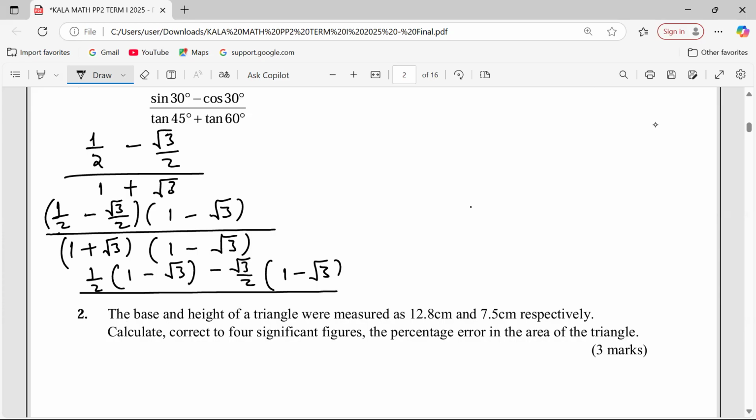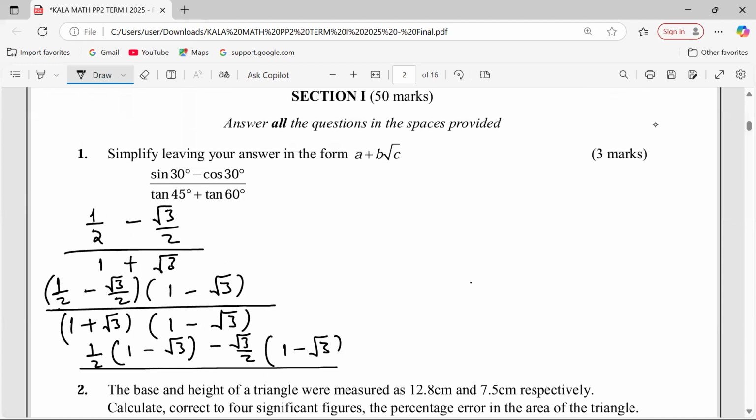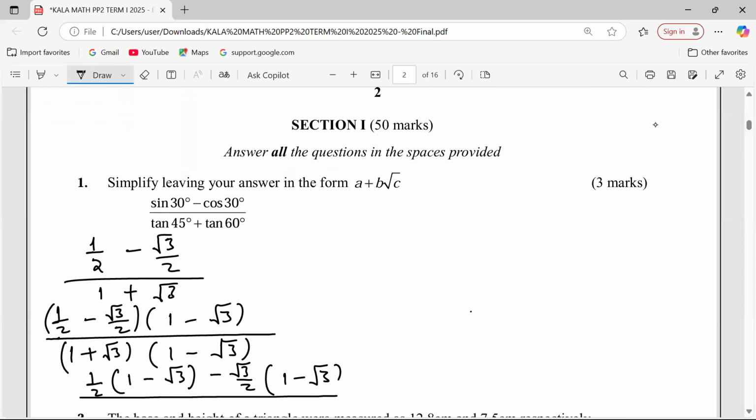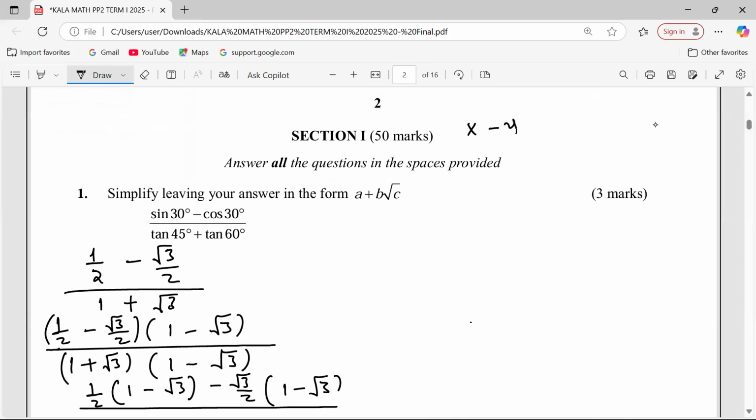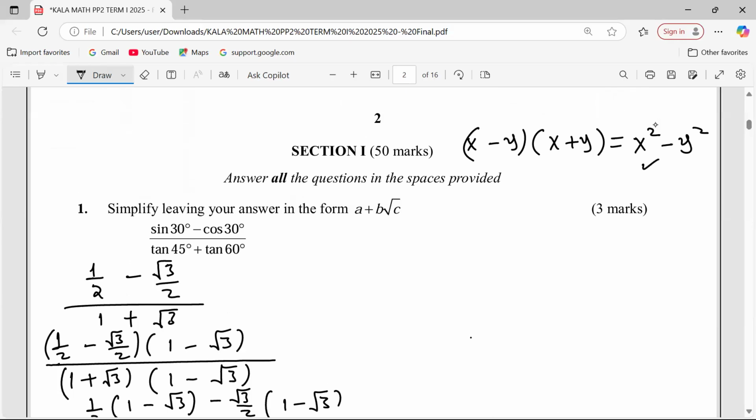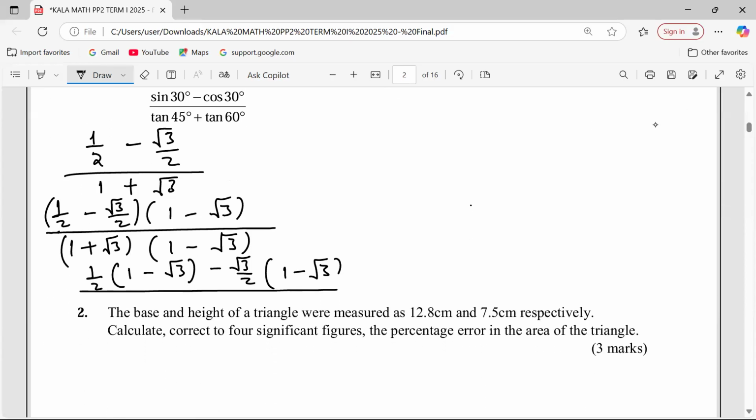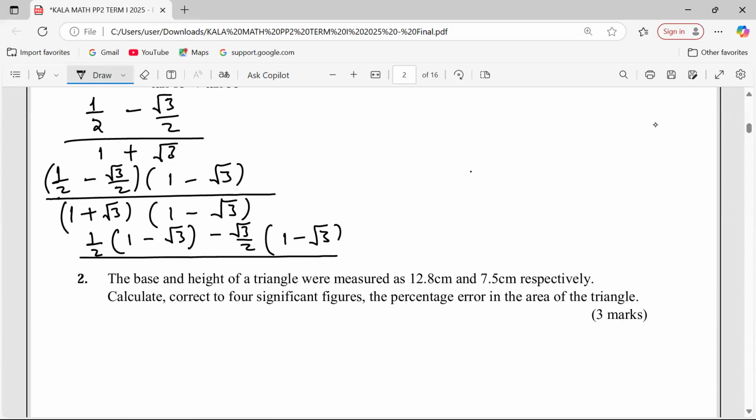Whenever you are multiplying a surd and its conjugate, you can treat it following the quadratic identities, a difference of two squares, whereby x minus y multiplied by x plus y becomes x squared minus y squared. So applying this identity, the denominator becomes 1 squared, which is 1, minus root 3 squared, making it 3.